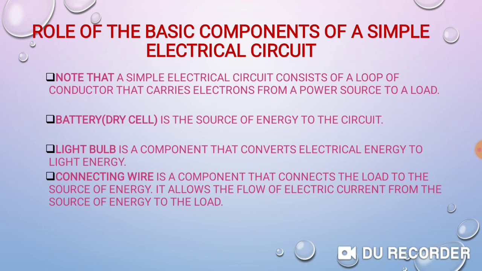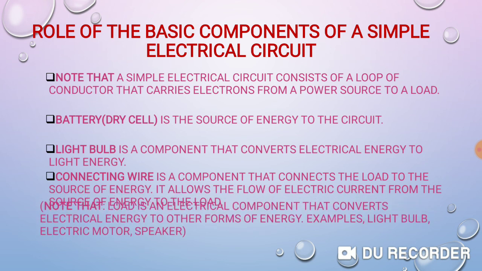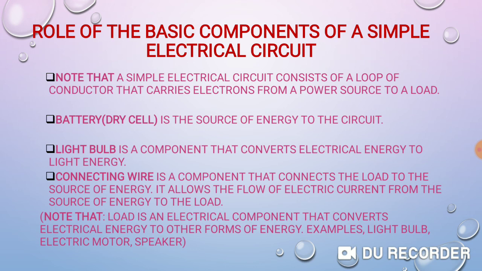It allows the flow of electric current from the source of energy to the load. So now we've been mentioning load all this while. So what is load? Load is an electrical component that converts electrical energy to other forms of energy.